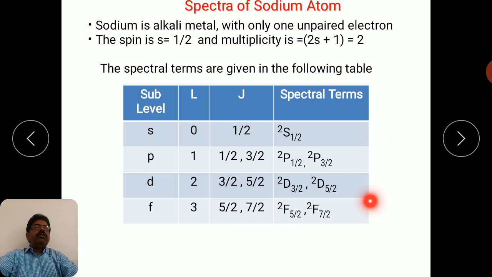These are all the spectral terms, and they will appear in the actual spectra of the sodium atom.